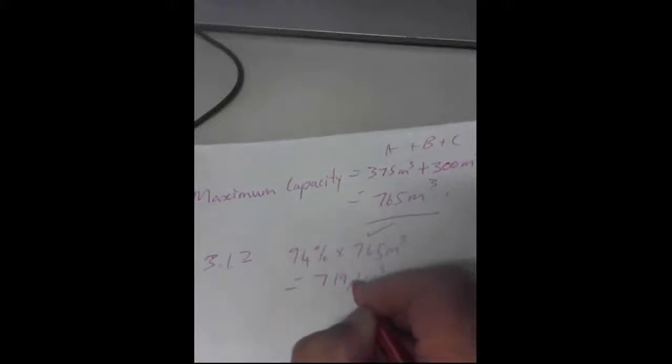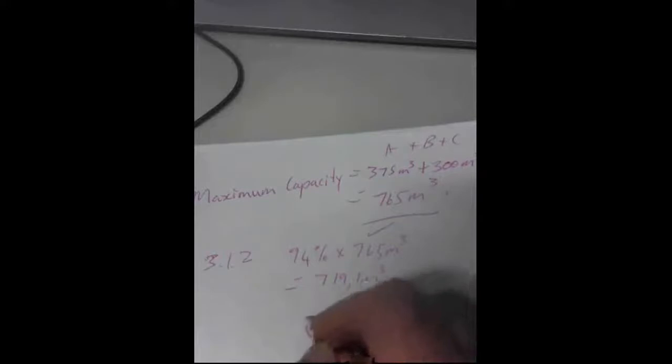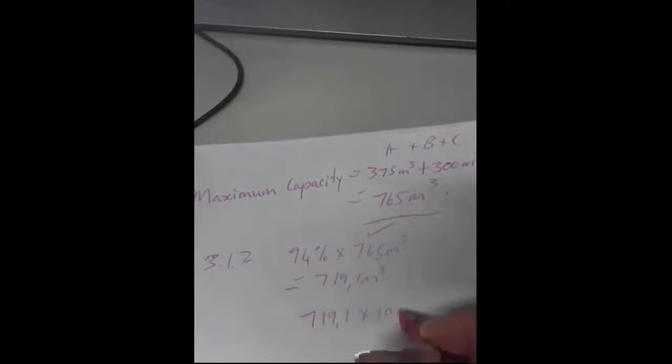We should multiply that by 1,000. If we multiply 719.1 by 1,000, then we get 719,100 liters. Did I multiply correctly? That's the answer that you had, and for that conversion you get another mark.